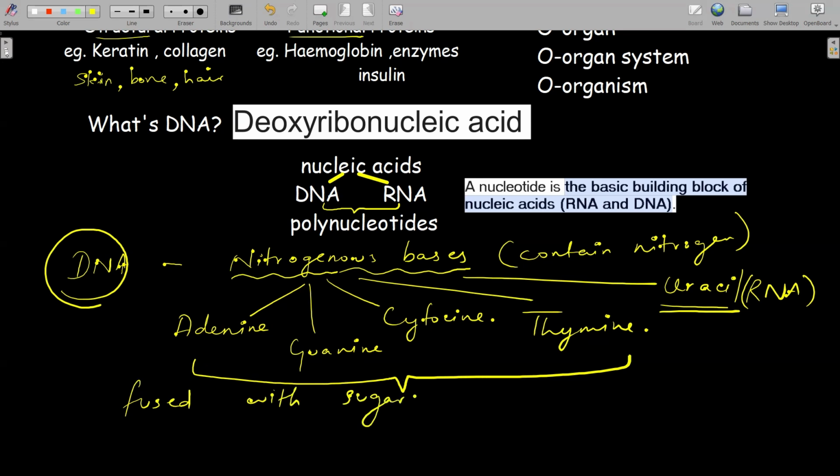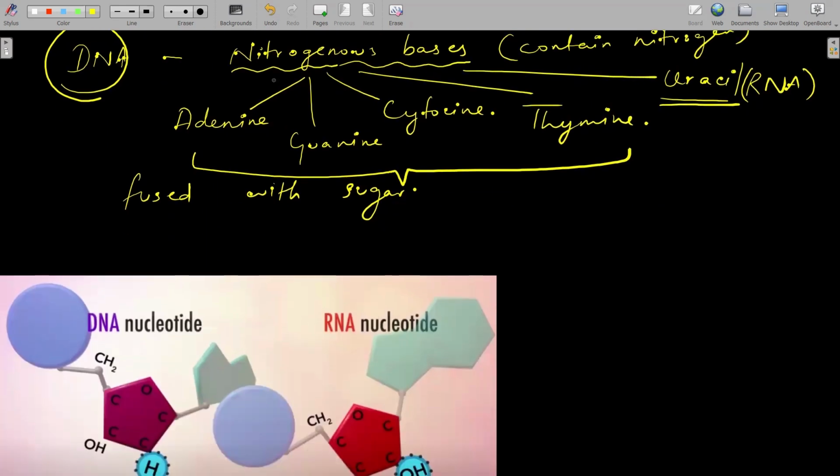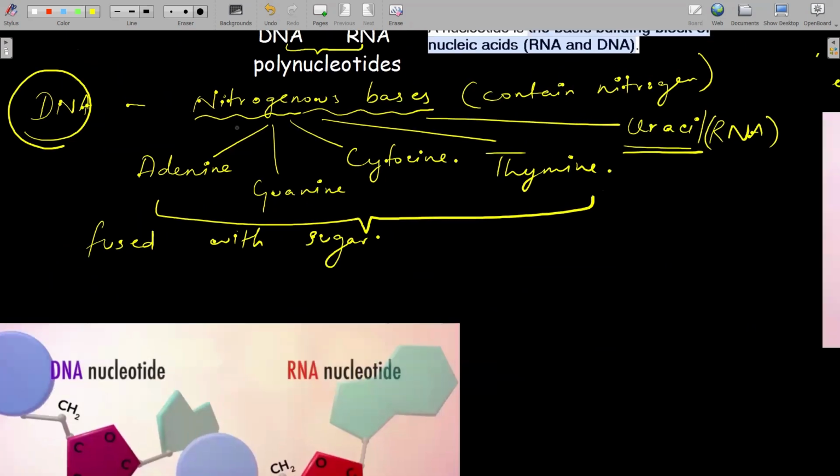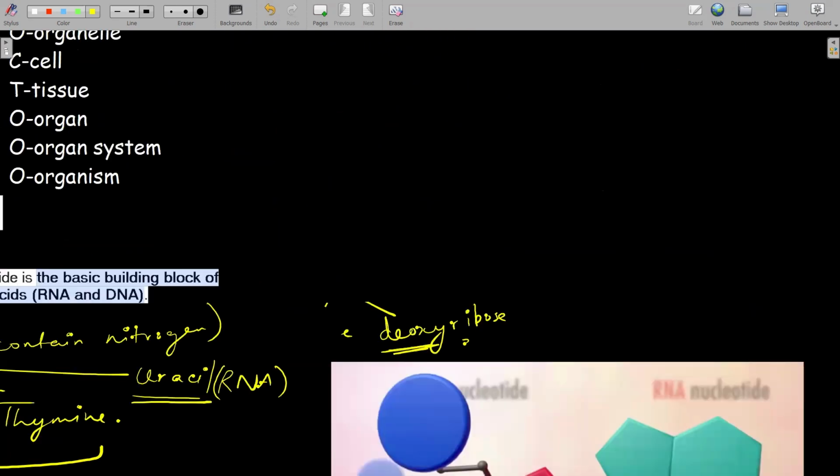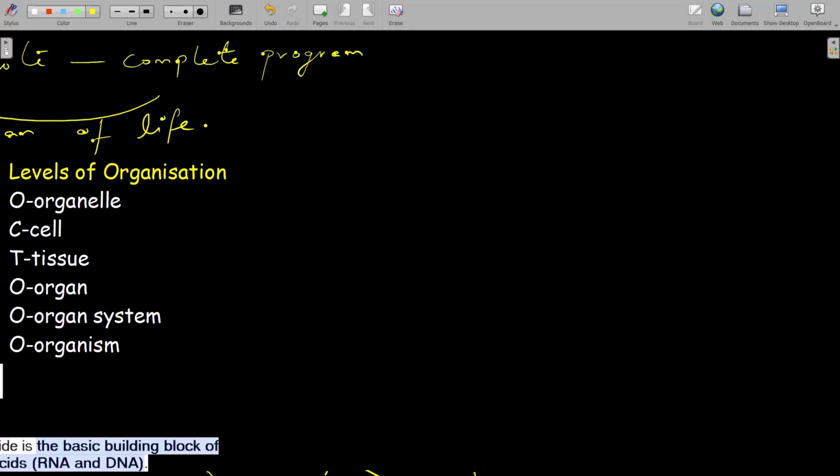If you see sugar molecules, there are lots of sugar molecules, but in this case we will be talking about pentoses. Why pentoses? Because they have 5 carbons.